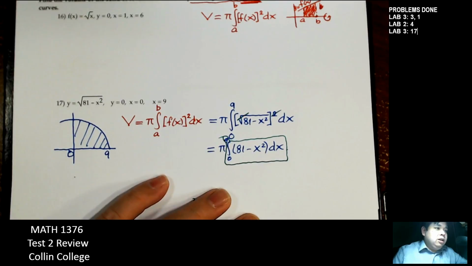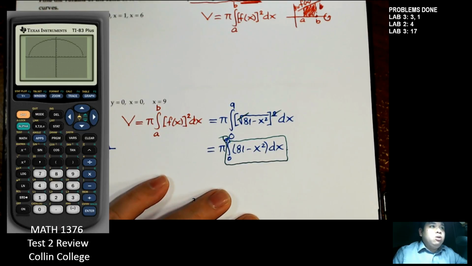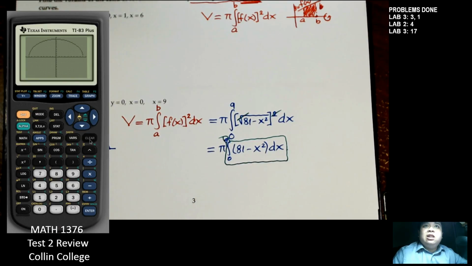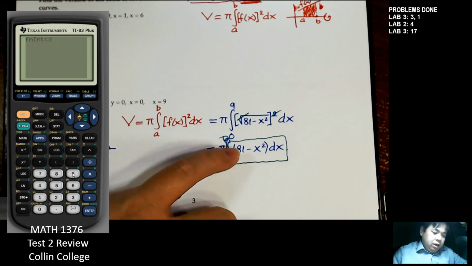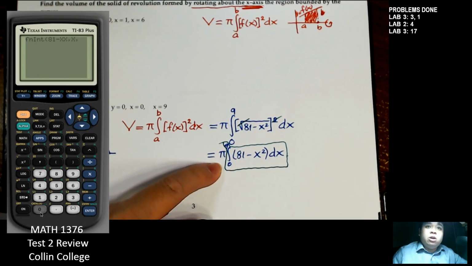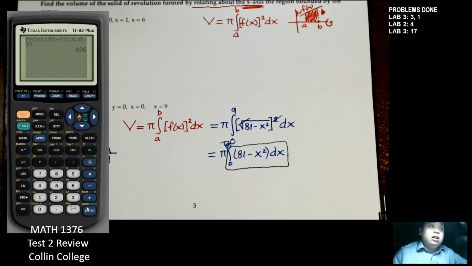So yeah, since I have this mode, I just go ahead and use it. Math 9, 81 minus x squared, or x, doesn't matter. X is the variable that goes from 0 to 9. 486.